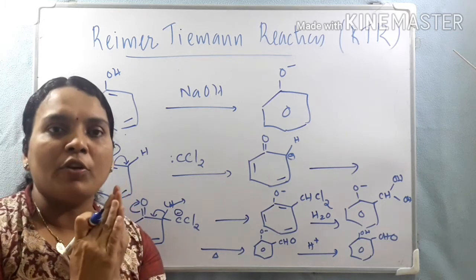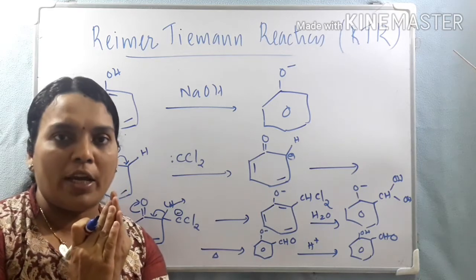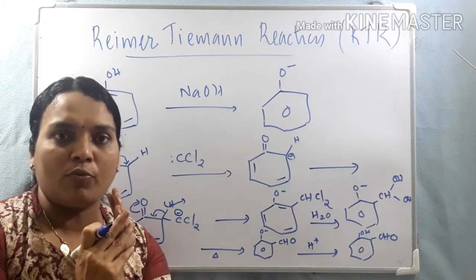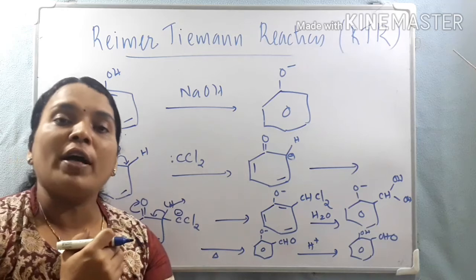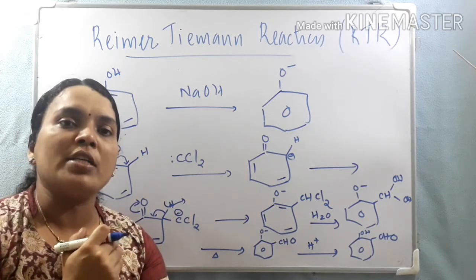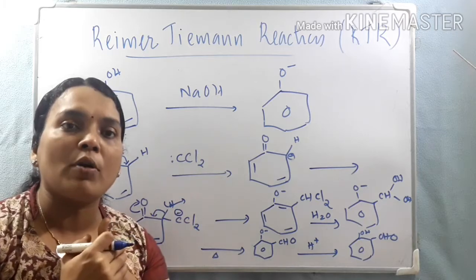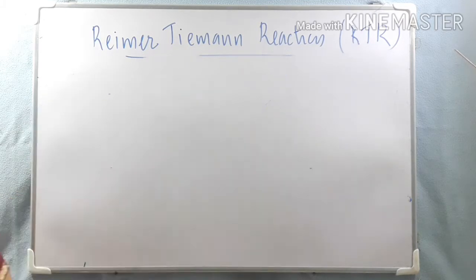The phenol reacts with chloroform in presence of NaOH, where chloroform provides the electrophile in presence of NaOH. The electrophile in the Reimer-Tiemann reaction is dichlorocarbene. It is an example of electrophilic substitution reaction.